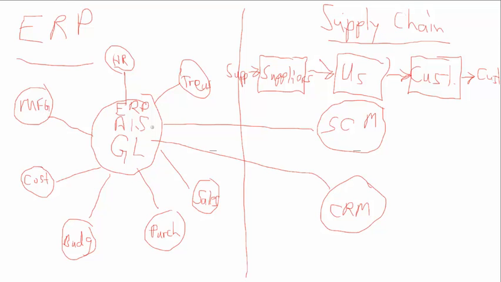Any of you who have bought something from Amazon have found, well, since you bought this, maybe you want to look at that, or other people who bought this bought that. So customer relationship management deals with that side of the supply chain. Supply chain management typically deals with the upstream side, and as you can see, they all fit into the overall environment of the ERP, which handles these internal and external business processes.